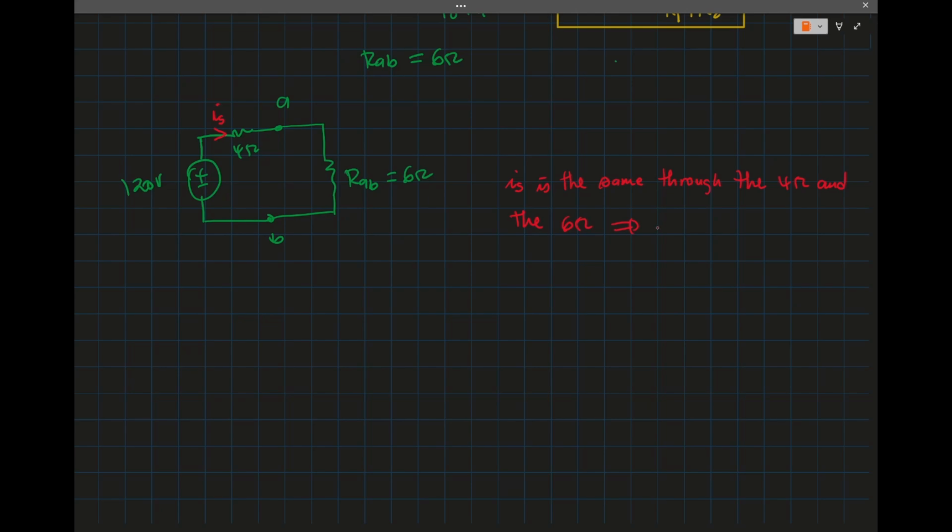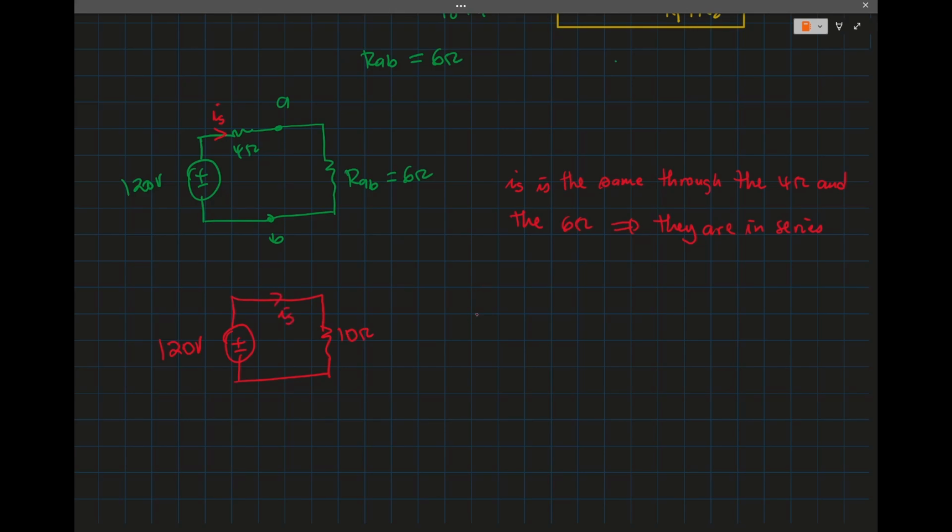So that implies that they are in series. So I can simplify this network down to 120 volts connected to 10 ohms, and this is IS.